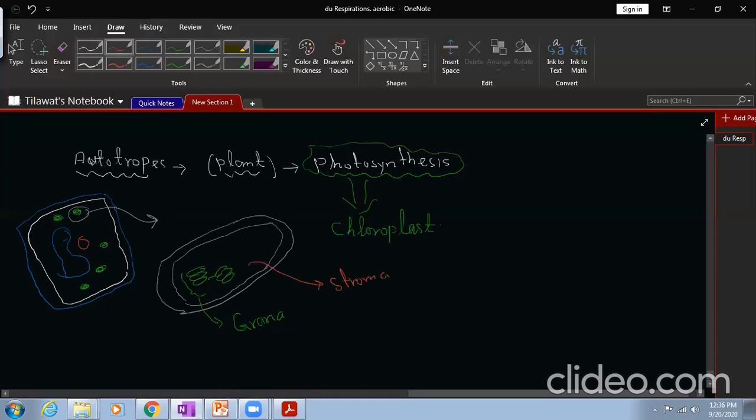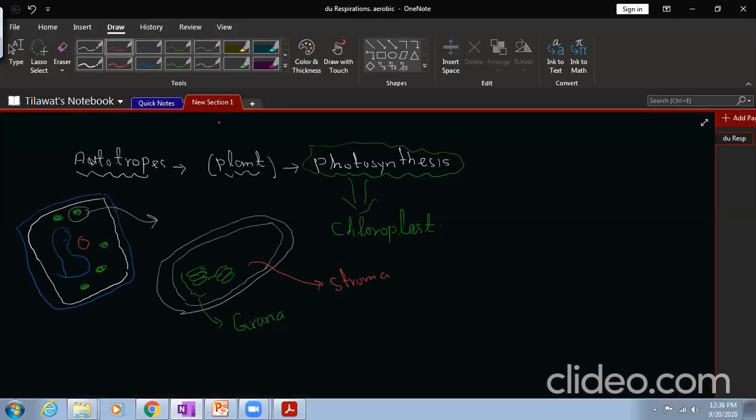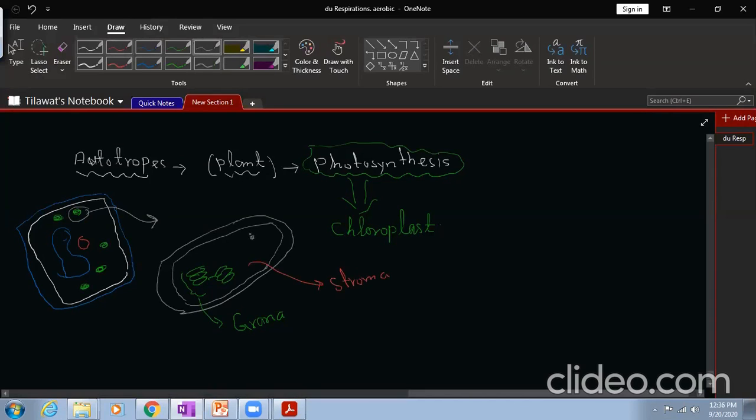Stroma. Now you know chloroplast has its own ribosomes, 70S ribosomes. That's why they can produce their own proteins for the process of photosynthesis. Ribosome function is protein synthesis, right?